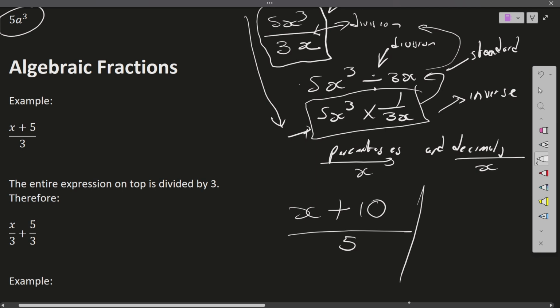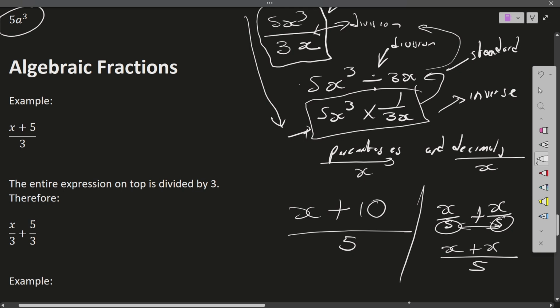Remember when we said x over 5 plus x over 5, and you had a common number below. When these two were divided by a common number, it is now basically x plus x all over 5, right? So there's nothing new here.